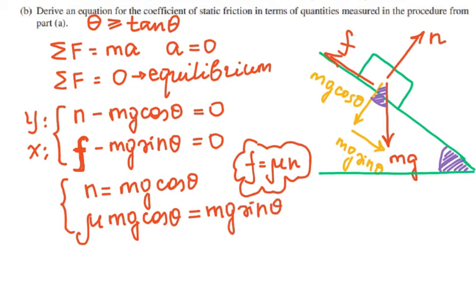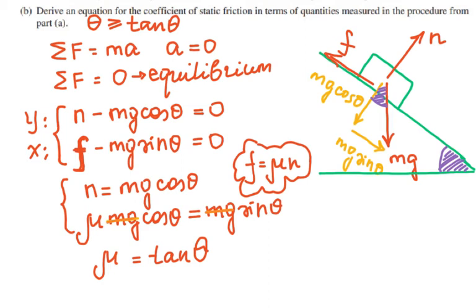After this step, I can cancel mg from both sides, and I get mu is equal to tangent of theta.